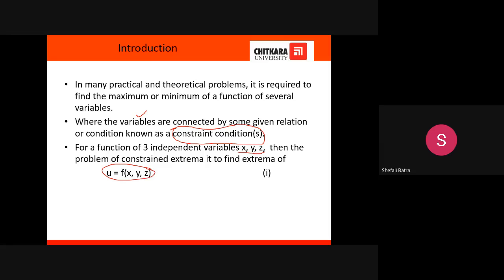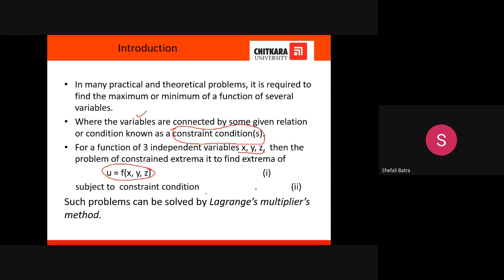This is your function and the constraint is given by this. You need to find the maximum or minimum value of this function under this constraint. Such types of problems we can solve using the Lagrange multiplier method.